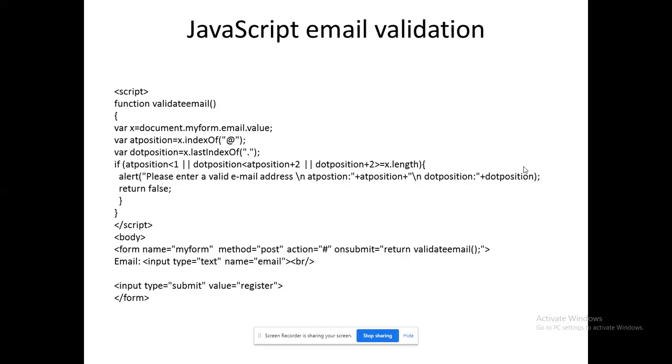Email validation, that's something interesting, right? Are you entering a valid email or not? How must a valid email look? You have a name, at, a service provider name, dot, and a DNS, either com or edu, whatever it may be, right? All those positions are measured using the at position and dot position variables. They retrieve the value through the variable x. You have a text box, and in the text box you type an email.